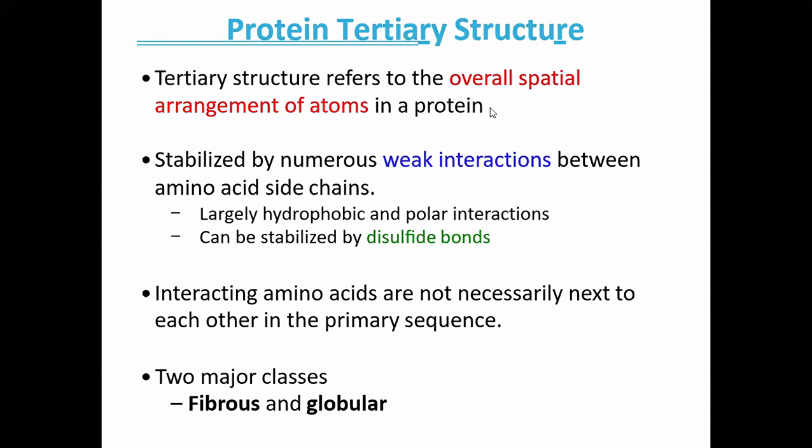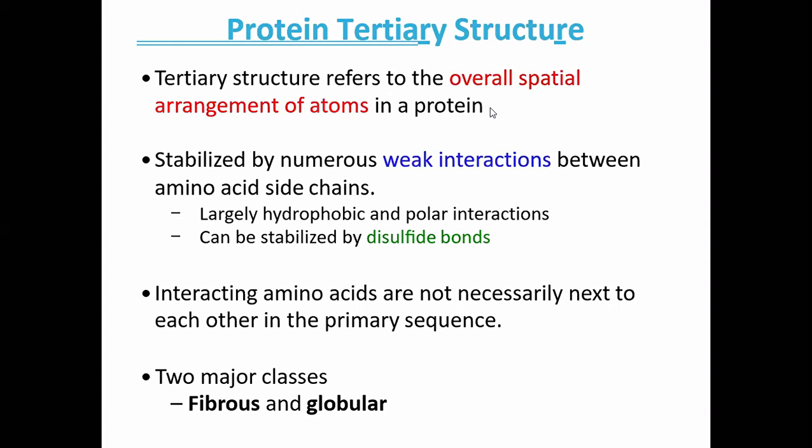Secondary structure is just one part of the protein, either alpha or beta. When you combine them, it becomes a whole protein. So all the structure that you see from one protein is tertiary structure.